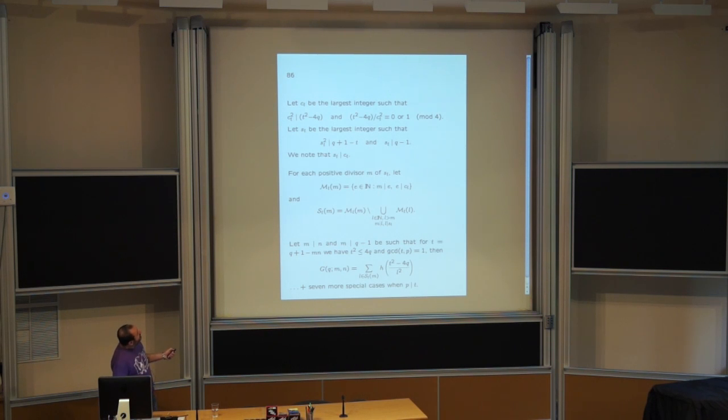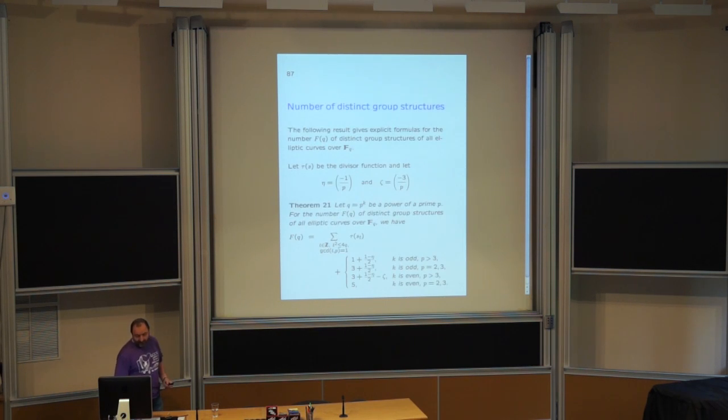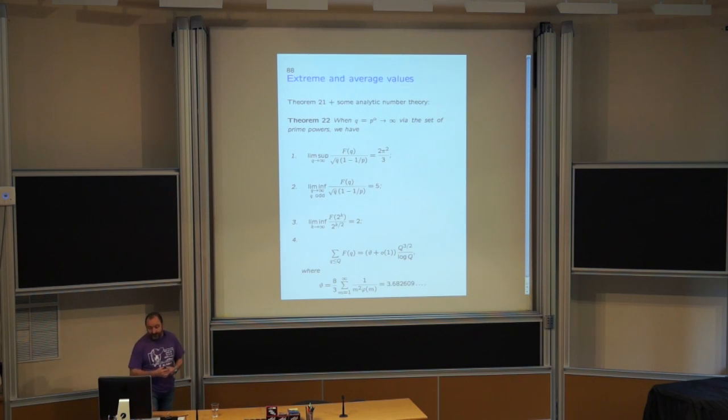S of t is defined as the largest integer which satisfies this condition. So again, there's a purely arithmetic characterization of S of t, and together with this formula plus some tiny error term of size O(1) it allows you to bring in some analytic tools, and this is what we managed to prove.